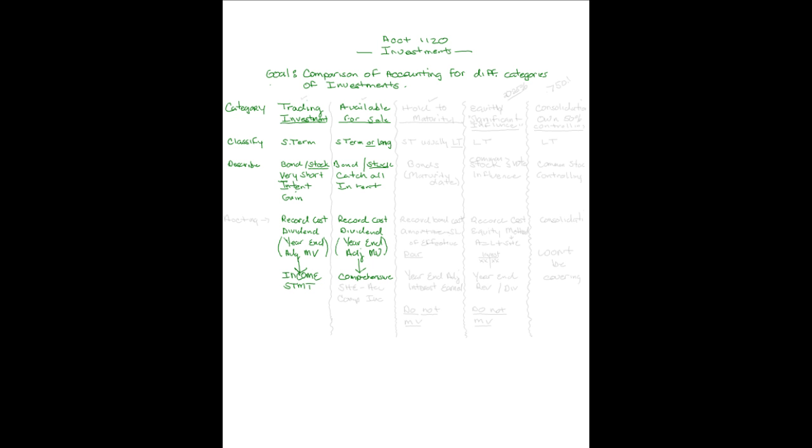And comprehensive income lives in stockholders' equity under accumulated other comprehensive income. So when we learn the accounting for one, we'll learn the accounting for the other. And it's perfectly the same right up to that last year-end adjustment. So we have trading for really short term and available for sale for longer term or catch-all.